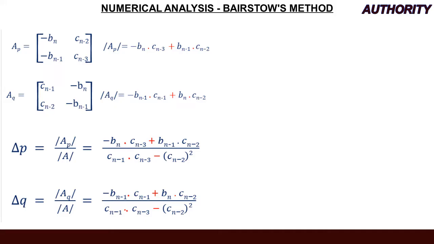I showed you how to get delta P and how to get delta Q, right? Good. So when you perform this and get new P and new Q, you have performed what we call the first iteration. Now, when you continue this iteration, how will you know when to stop?